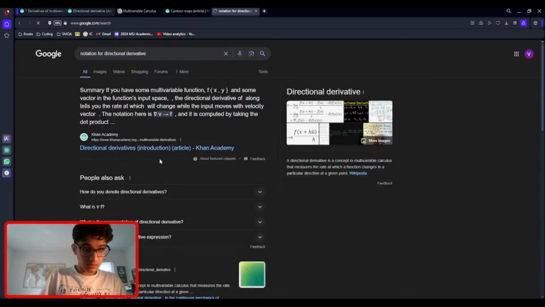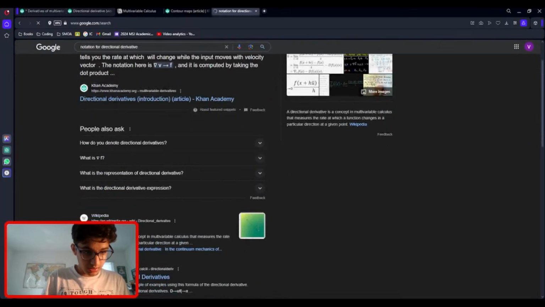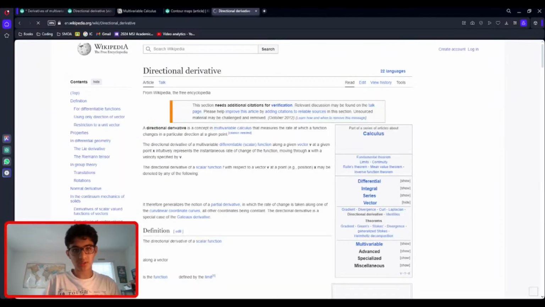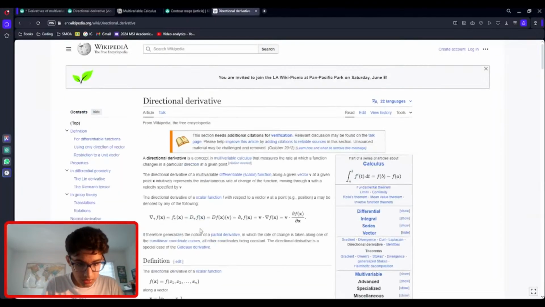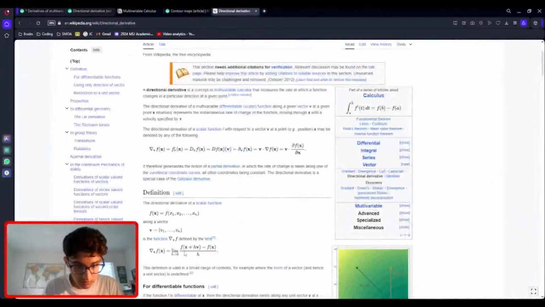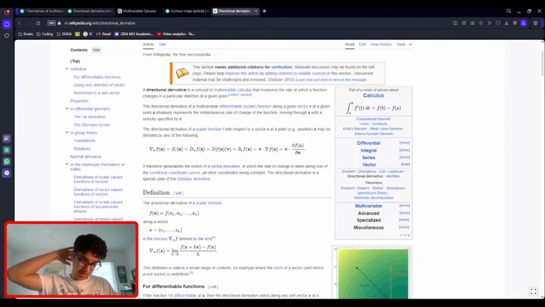Okay, there's that directional derivative. I'm sure they'll have it here in Wikipedia. They have obviously everything there. So you can write it as this. Oh, and actually, there's also a limit definition there. I don't think it matters though. Okay, this is the directional derivative, so let's just leave it at that.